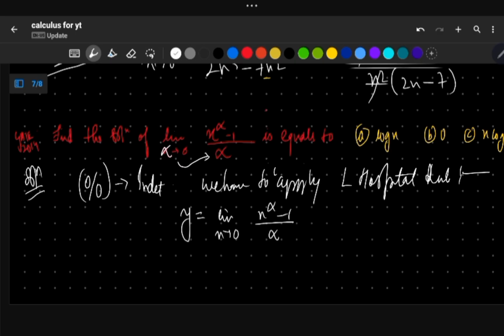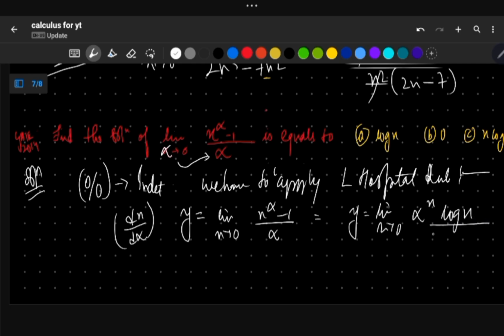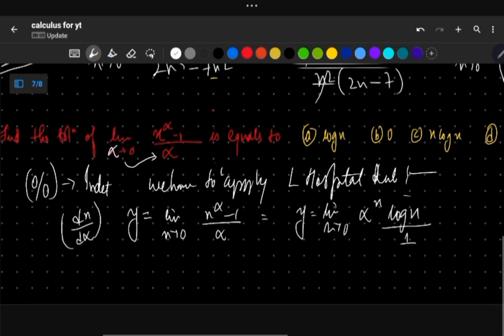After applying the first derivative with respect to alpha, we get y equals limit alpha tends to 0, x power alpha log x by 1.